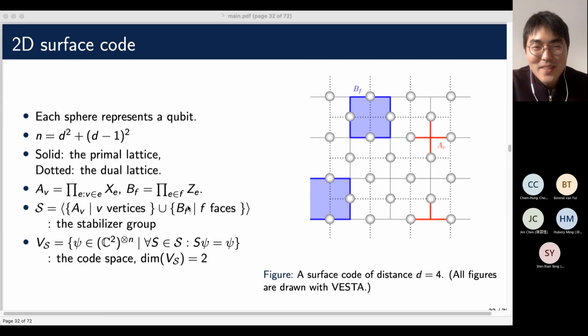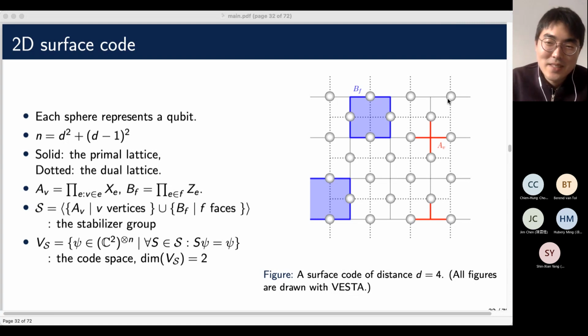So I'll briefly mention what a 2D surface code is for someone who is not really familiar. It is a quantum error correcting code where qubits lie on a 2D surface, and each qubit is represented as a sphere in the figure on the right hand side.